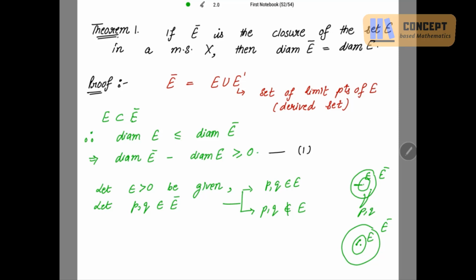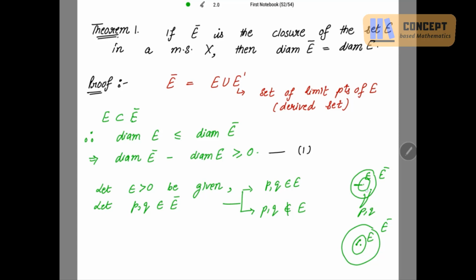Suppose P and Q do not belong to E, then what are P and Q? Then P and Q are the limit points of E, right? Because E bar is nothing but E union E dash. Either a point belongs to E, and if the point does not belong to E, then that point belongs to E dash, the set of limit points.